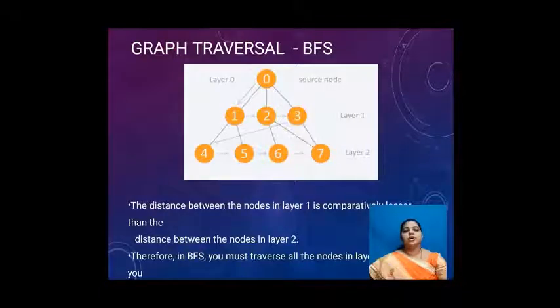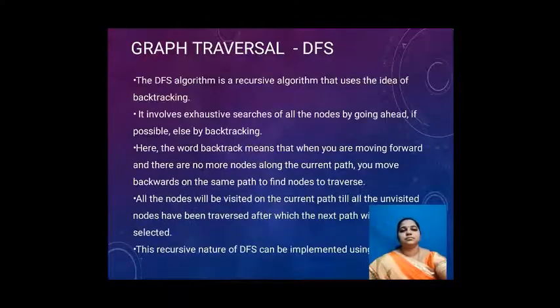So our traversal starts from the root node, that is the source node 0 in layer 0, moves to layer 1, from the first node to the second node to the third node, and from the third node it moves on to the fourth node in layer 2, and from 4, 5, 6, and finally we reach the destination 7. This is the breadth first traversal method.